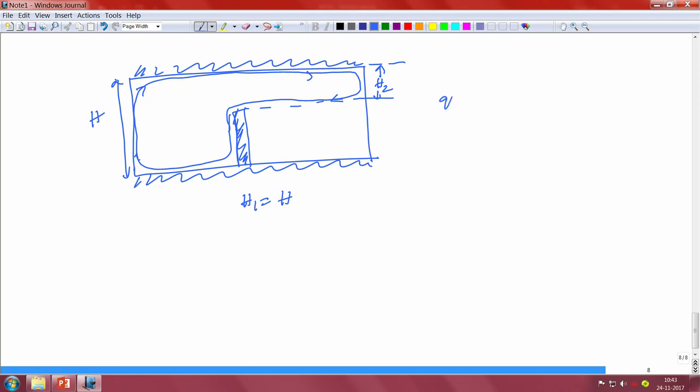So, in other words, q prime by k delta T becomes Ra to the power of 1/4 times, C1 plus C2 into h by h2 to the power of 3/4. That will be the term.